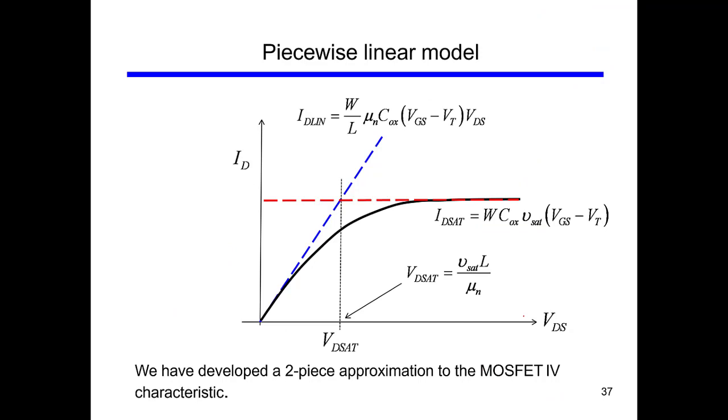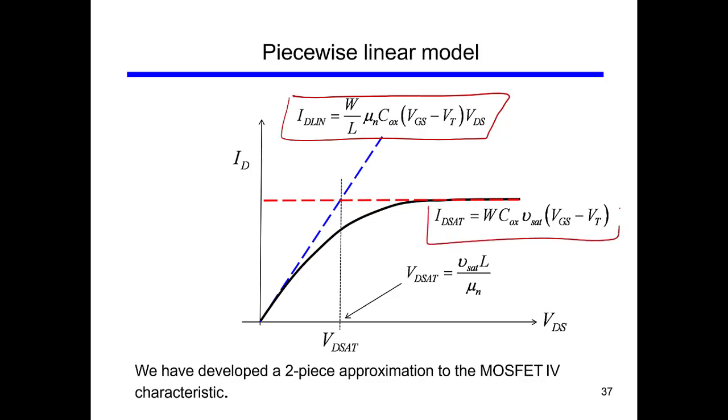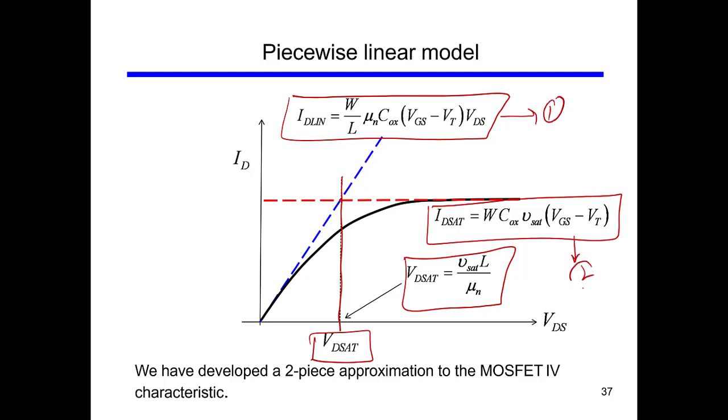So we come to a piecewise linear model. One region is described by this equation and the other region by this equation, and there is a certain critical voltage VDSAT equal to this value. If you are below this value, you use equation 1, and if you are above it, you use equation 2 to calculate the current.